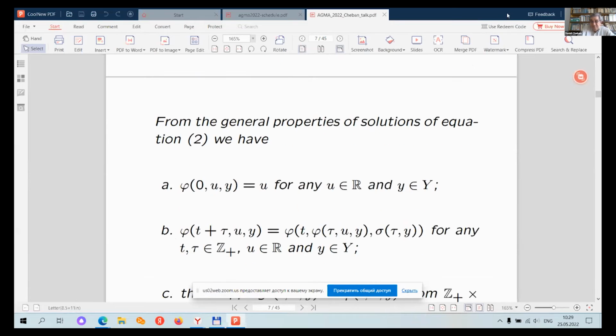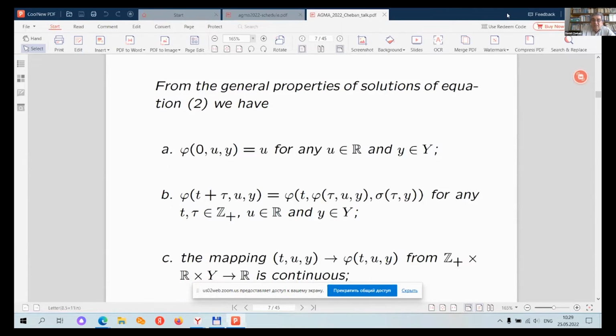In this case, from the general properties of solutions of non-autonomous difference equations, we have the same four properties analogous to the preceding case. Namely, we have the initial condition for solutions of the difference equation. We have the semi-group property, but here the time t is discrete.